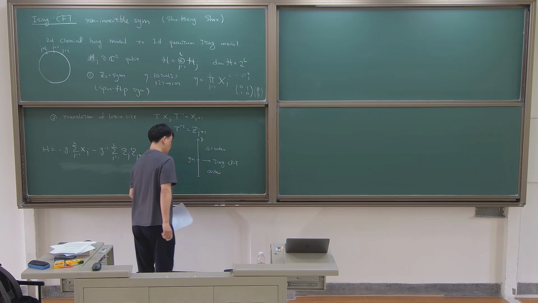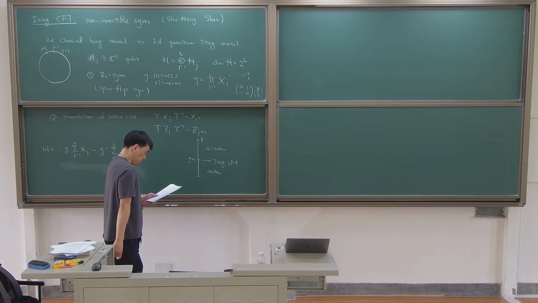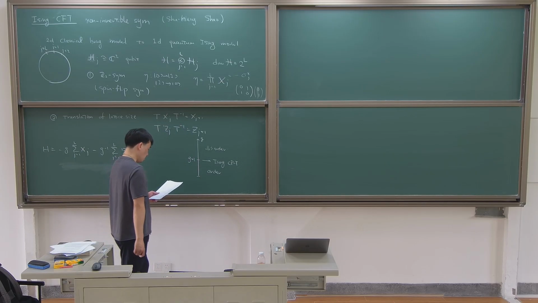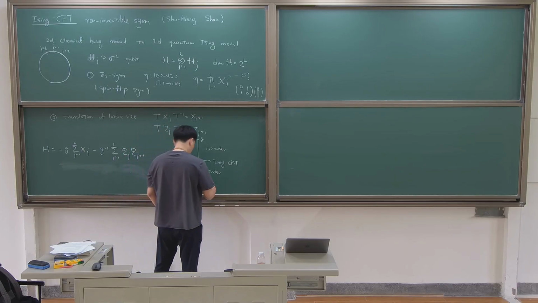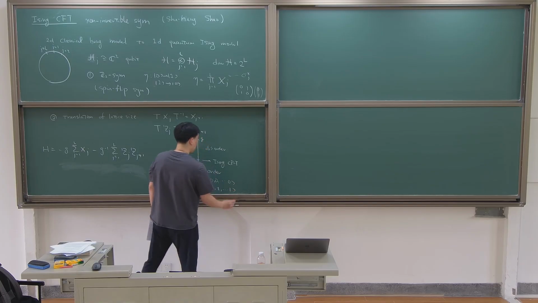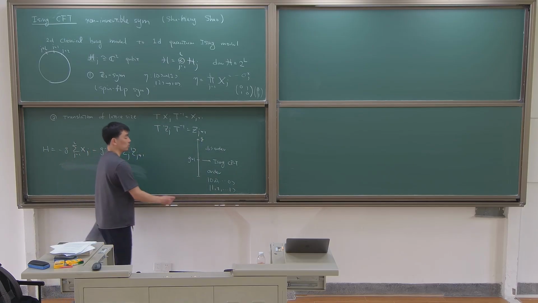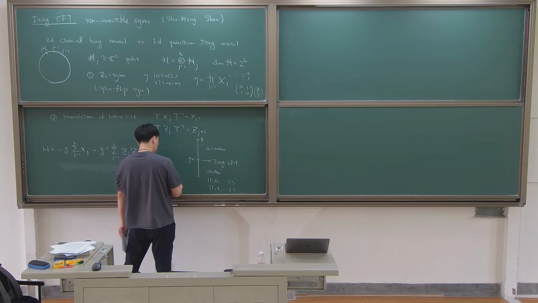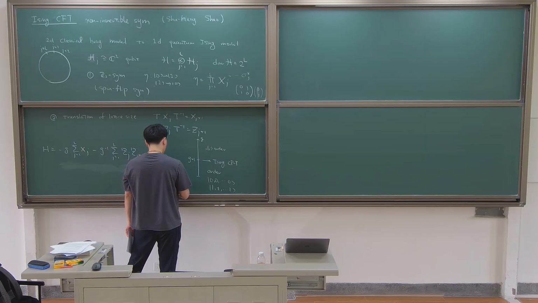At g equals 0, what we have is a ground state degeneracy: either all 0s or all 1s, like this. Okay, at g equals 0 there is a ground state degeneracy.